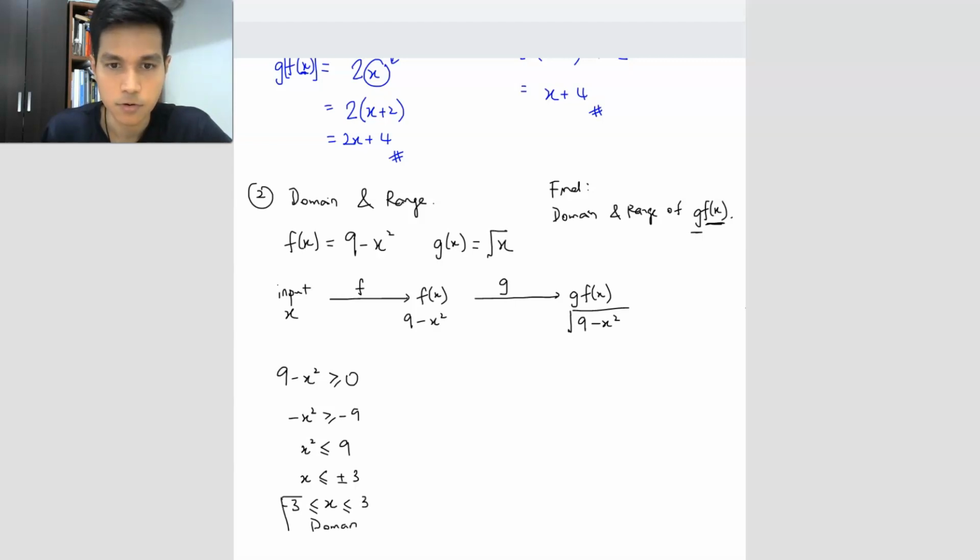The domain for this gfx. Okay, we have already found the domain. So now here's the thing though. The domain of this, domain means of course it's going to be the input. So the domain of this input is going to go through the f function, correct?